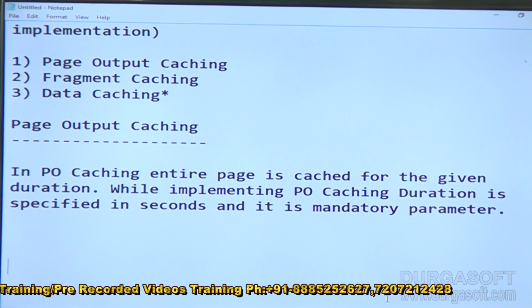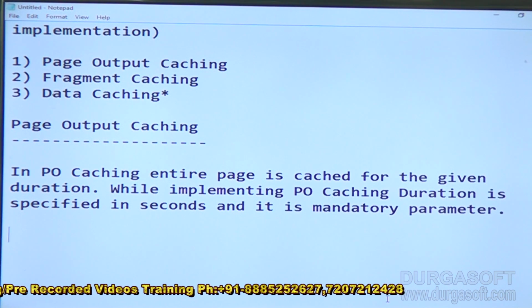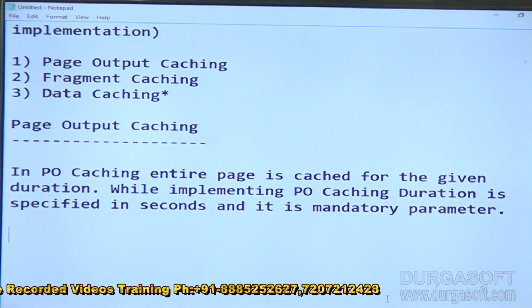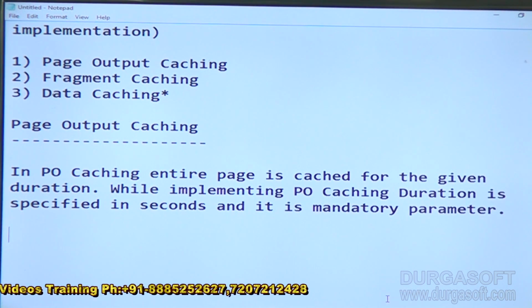In page output caching, entire page is cached for the given duration, and duration is specified in seconds, and it is mandatory parameter. What did you understand with that second point?